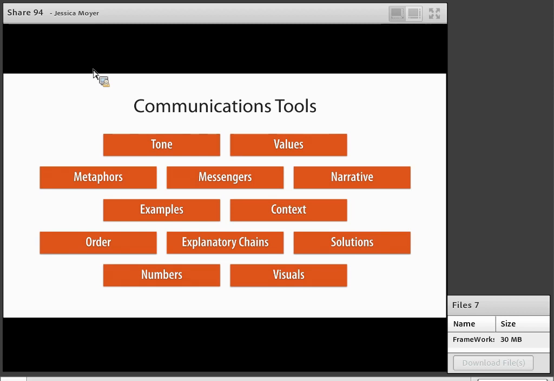I mentioned values as part of the Addiction in Canada experiment, and we will definitely be practicing with some values in our future webinars. Values have a really interesting way of orienting folks to a particular issue, queuing up something that we all already care about as a way to help folks see why we should all care about this particular issue as well. Metaphors are really excellent explanatory tools. So this is a bit of a teaser to give you an idea of some of the tools to come that we'll get practice with in the future.